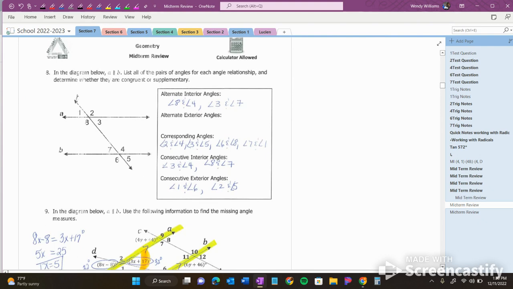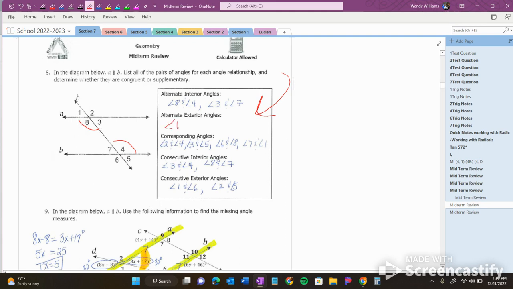All right, these are just matching alternate interior angles. I don't want to make the picture all messy, but if you look over here on this side, I have the pairs for you, alternating one side or the other. And then you can see we have 2 pairs, 8 and 4 and 3 and 7. Alternating exterior are on the outside, and I don't know why I didn't put those in, but I'll put them in here now.